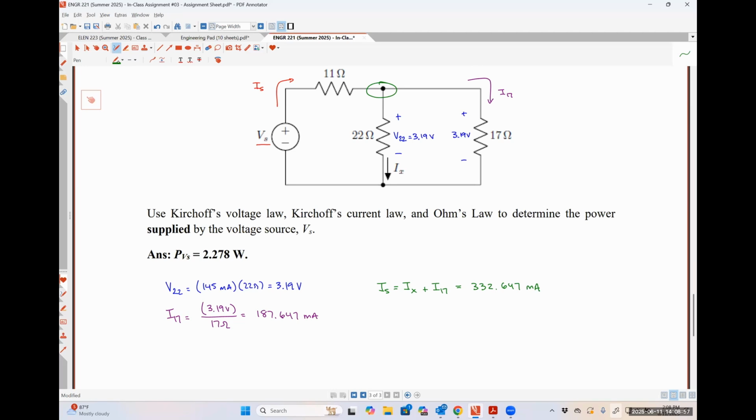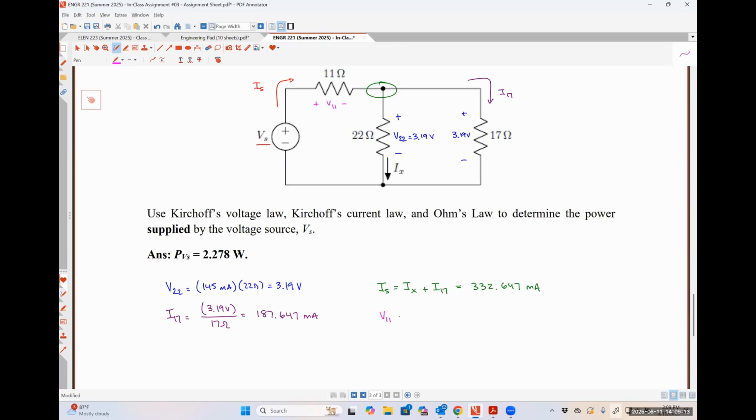I can use this information to determine this voltage, V11, just using Ohm's law.